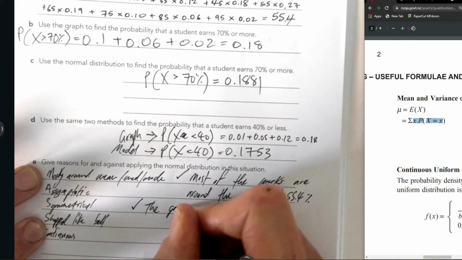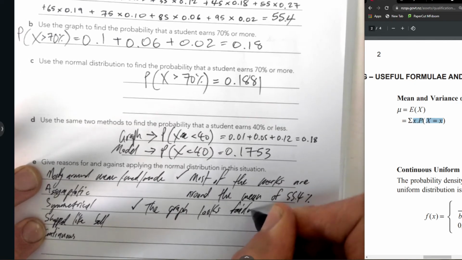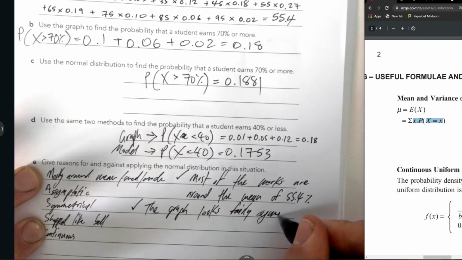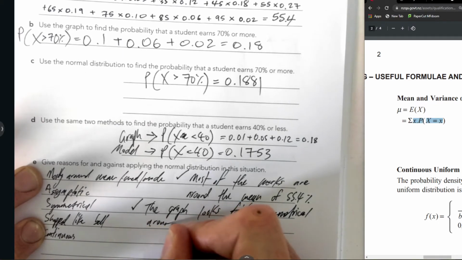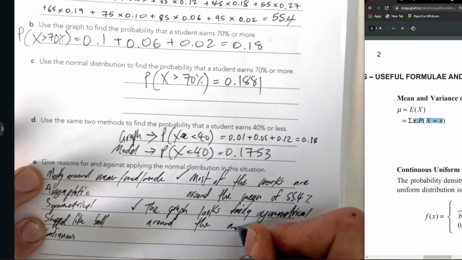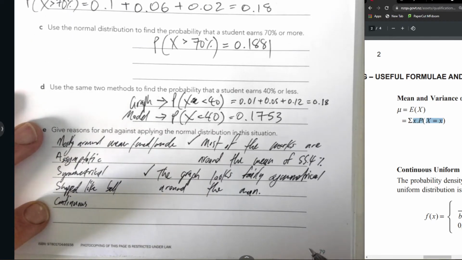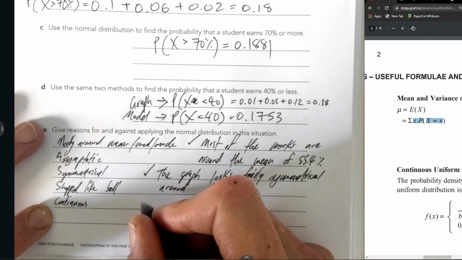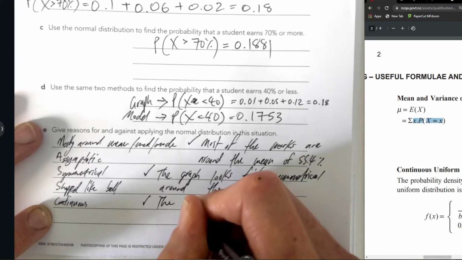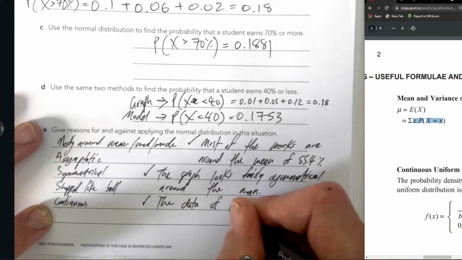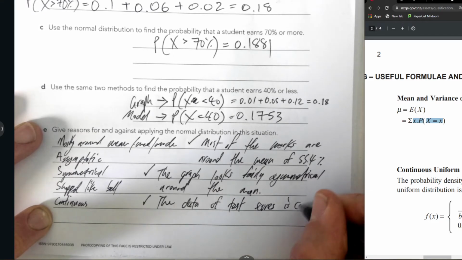The graph looks fairly symmetrical around the mean, shaped like a bell. The data is continuous. The data of test scores is continuous.